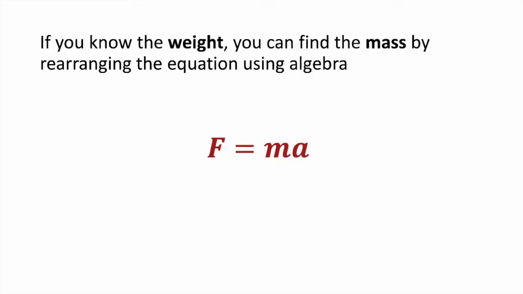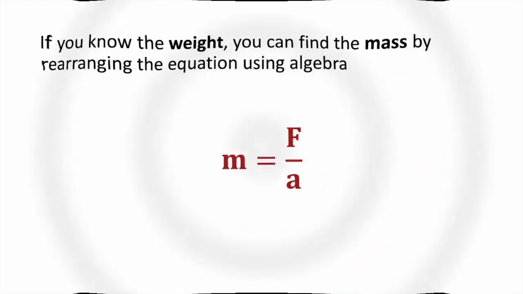This next example is a little different. If you're given the weight of the object and the acceleration due to gravity, 9.8 meters per second squared, you can find the mass by rearranging this equation using algebra.